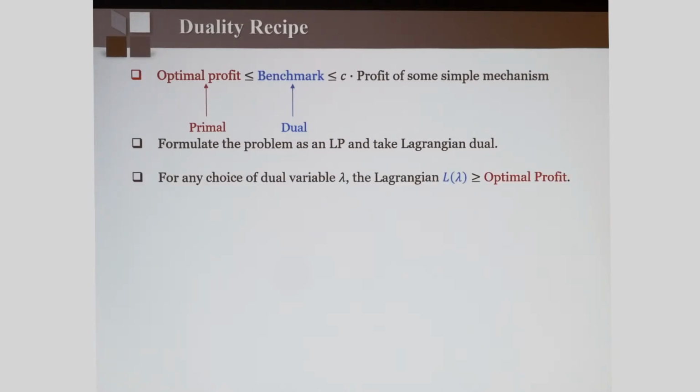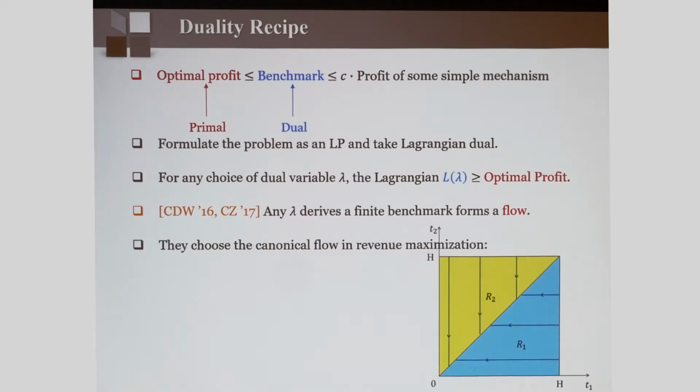By weak duality, for any choice of the dual variable, the Lagrangian is considered as a benchmark of the optimal profit. And in previous works, what they proved is any dual variable that derives a finite benchmark forms a flow, and they chose the canonical flow that derives a useful benchmark in the revenue maximization problem.